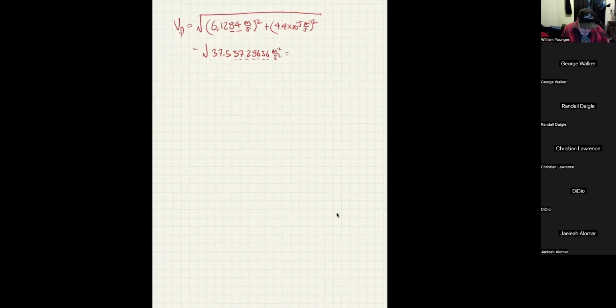Now, that wasn't supposed to be an equals, that was supposed to be a plus. Okay. When I square this, 4.4 e to the negative fifth squared, I get 0.00000000193 meters squared per second squared.